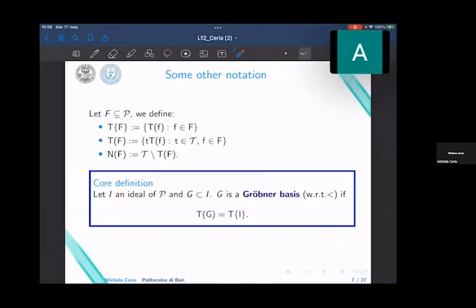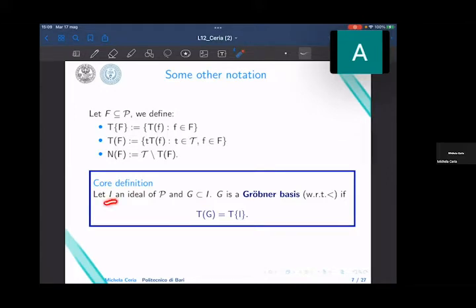For each set of polynomials F, you can define T(F), that is the set of all leading terms of the elements in F, your set of polynomials. Then you can define the semigroup ideal generated by this set and the complementary set, that is actually an order ideal. And with all these definitions, we are ready to give the core definition of Gröbner basis.